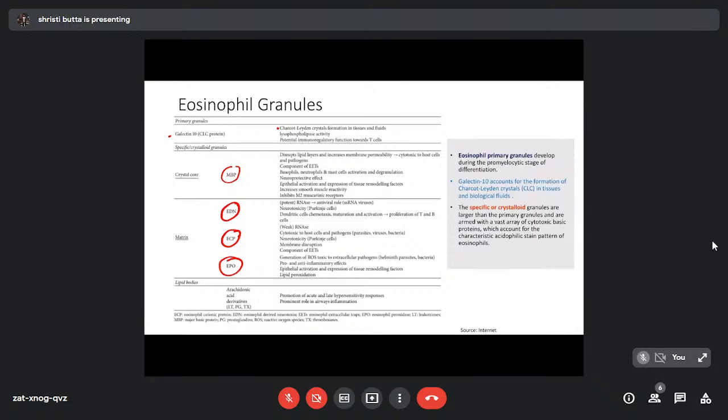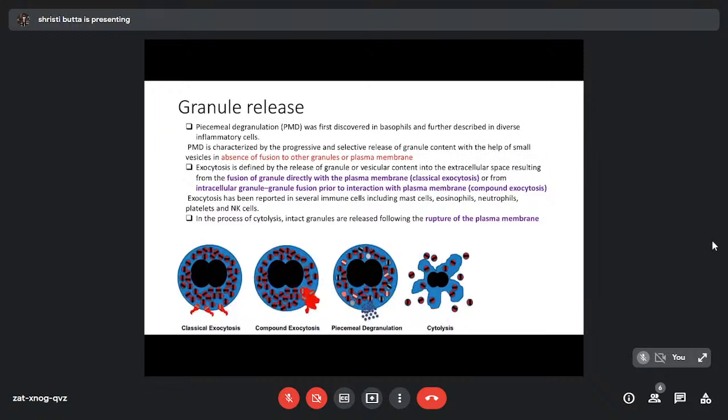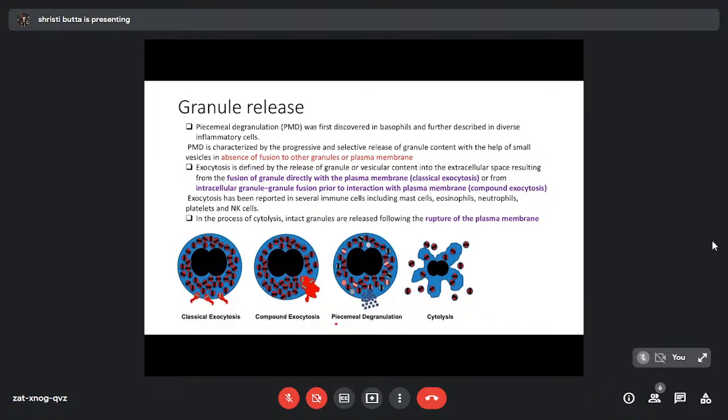Now, granule release. How do these granules release from the eosinophils? Besides eosinophils, it's the same mechanism that is followed by all other granulocytes, just showing piecemeal degranulation.